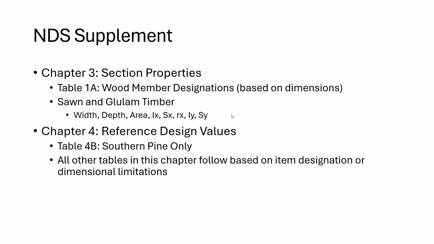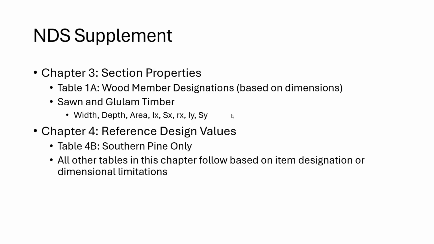If, for instance, you have a problem within an exam that is, hey, use a southern pine timber, you're not going to be pulling from 2x4 design properties, because a timber has certain geometric properties of depth and width that make it a timber. So you're going to be using a different reference design value table.